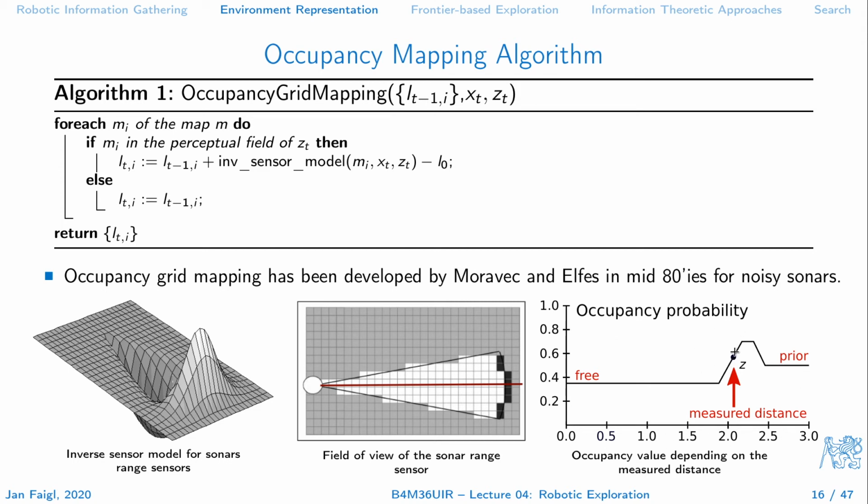So we particularly measure this, and we are quite sure this is free space, but again we are not completely sure. So we put some occupancy probability here, but we are quite sure that somewhere around the measured distance should be the obstacle. So we increase the occupancy probability.